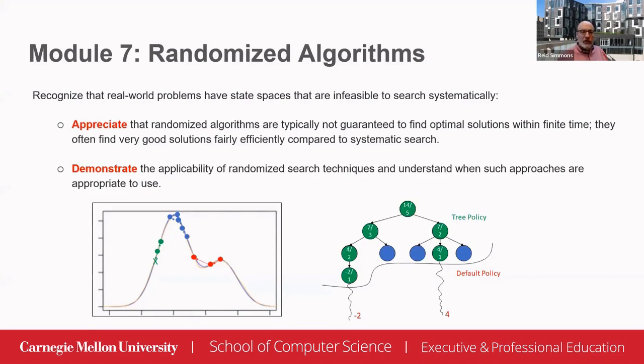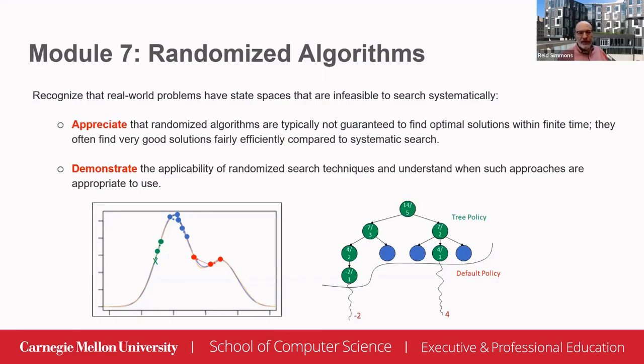Many of you might have heard of the program AlphaGo that beat a world champion Go player in Korea a number of years ago. AlphaGo used a combination of neural networks plus randomized search called Monte Carlo tree search in order to navigate the extremely large state space of Go.